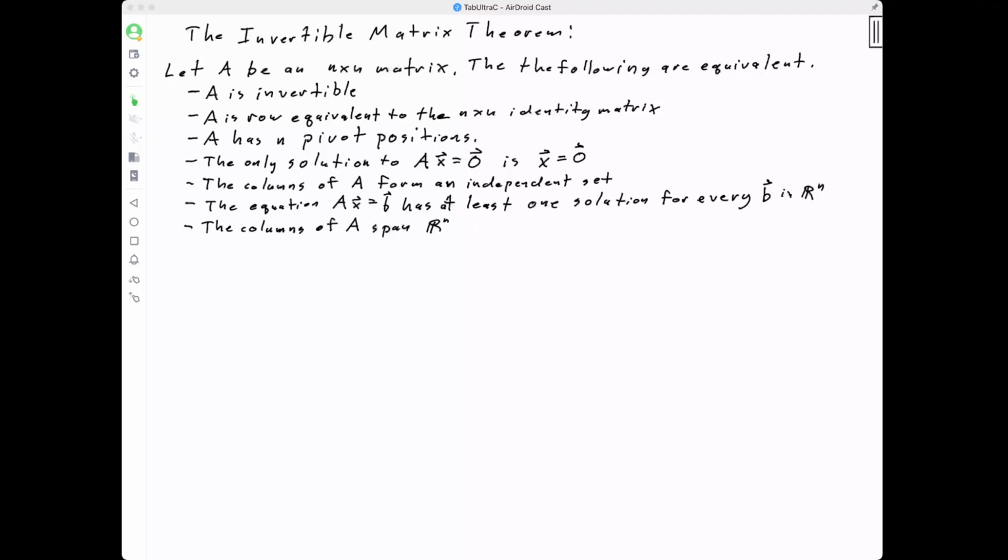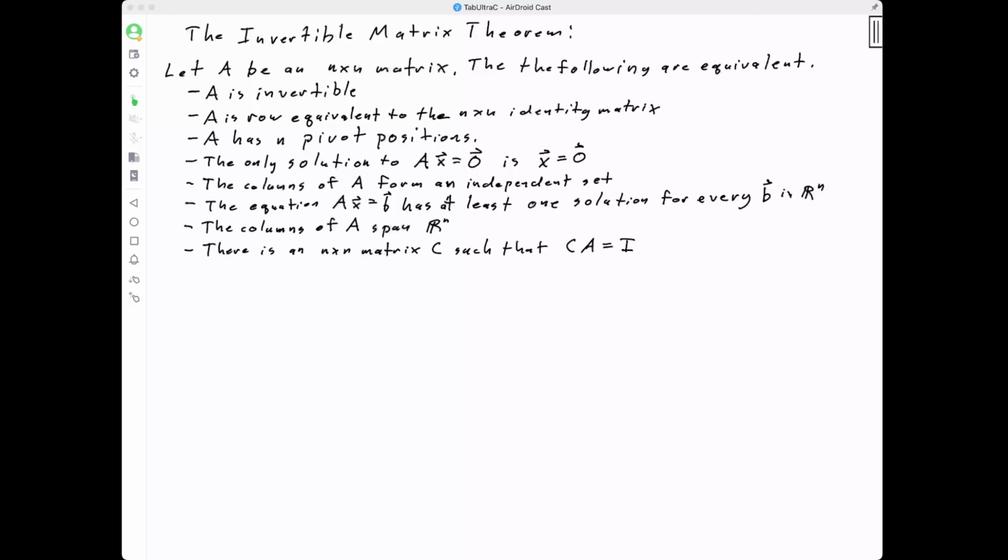And you could say this is the same as saying there is an n by n matrix C such that C times A is equal to the identity matrix.